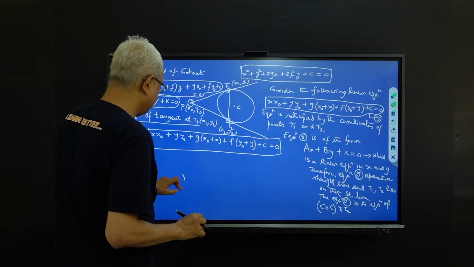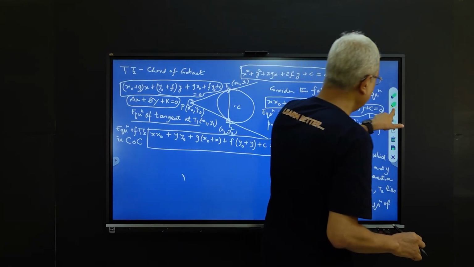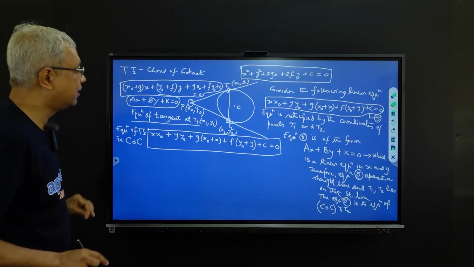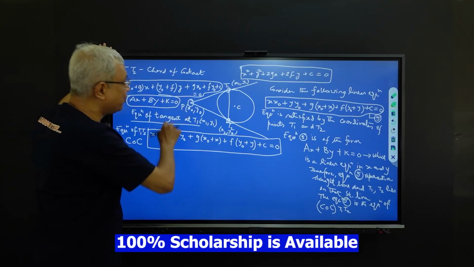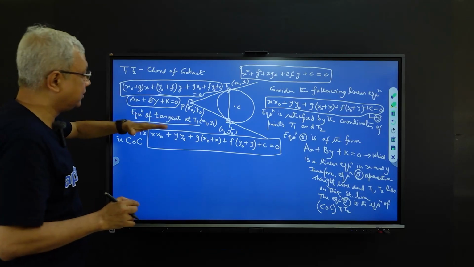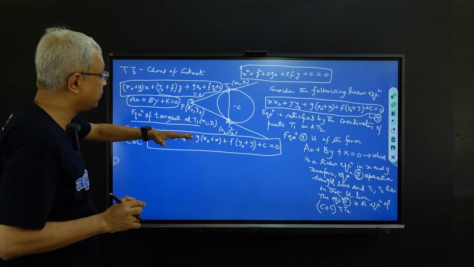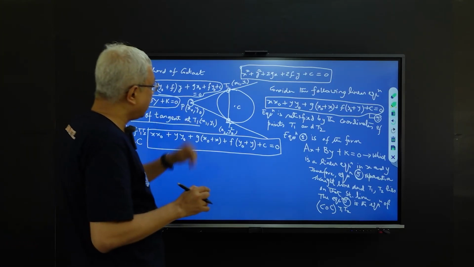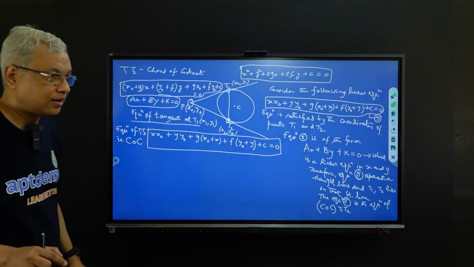From the look of the equation, we can think that it is the equation of the tangent. The equation is the same form as the equation of the tangent of the circle, as if x0, y0 is lying on the circle.